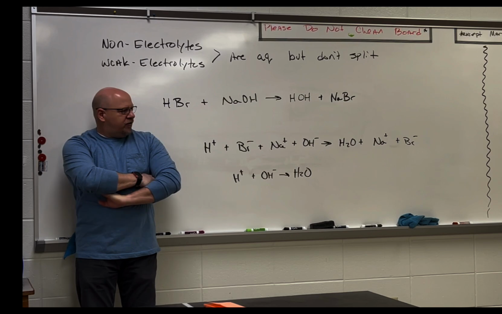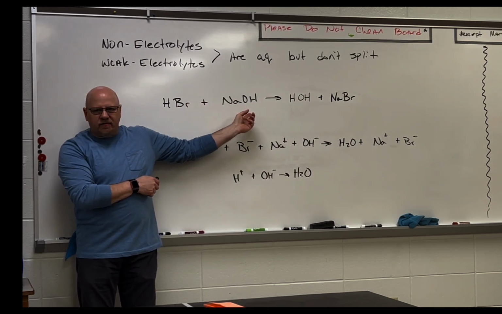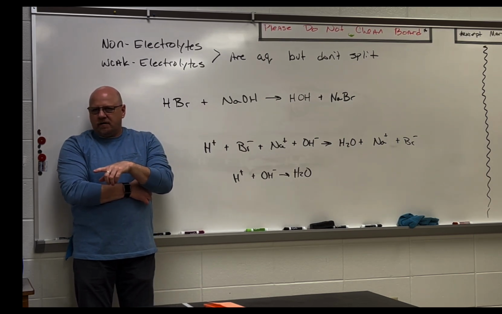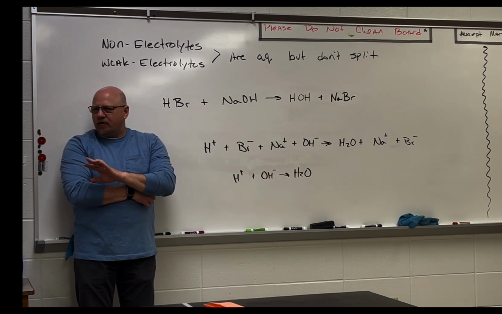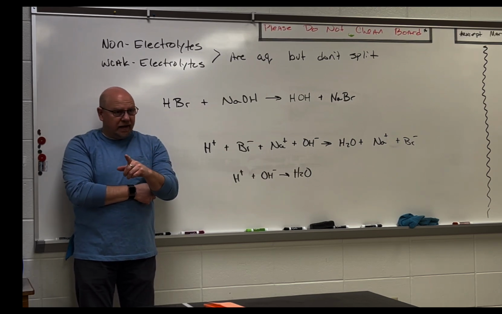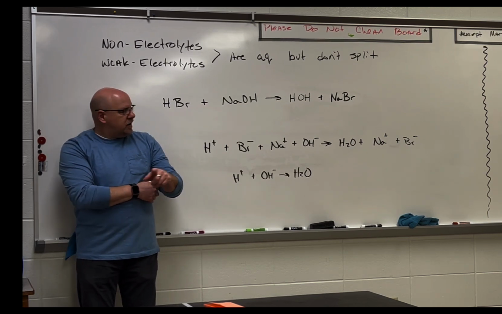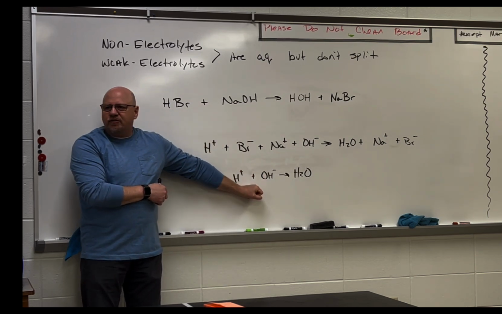If you have a strong acid reacting with a strong base, no matter what, okay, that's a lie. There's one exception to this. I'm not going to worry about it. So for everything that you would be presented with, if you have a strong acid and a strong base, that's your net ionic equation.